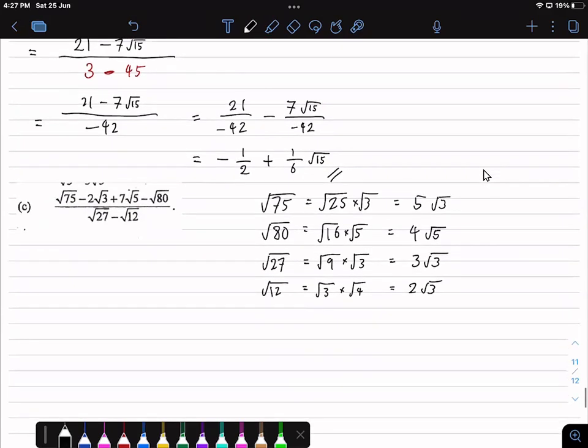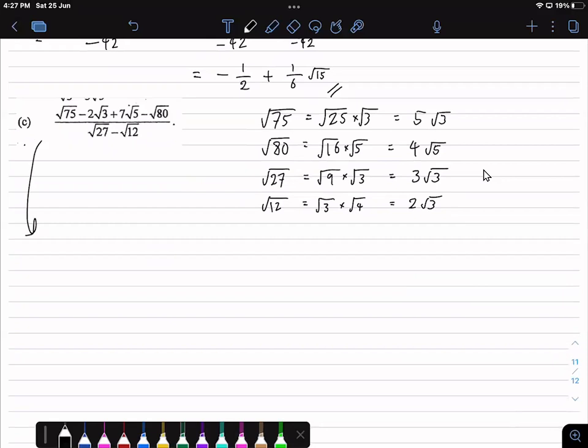Okay, we can simplify it now. So this will be equal to square root 75 is 5 root 3 minus 2 root 3, cannot simplify that, plus 7 root 5 also cannot simplify, so just copy. Minus root 80 is 4 root 5, divided by root 27 is 3 root 3 minus root 12 is 2 root 3.